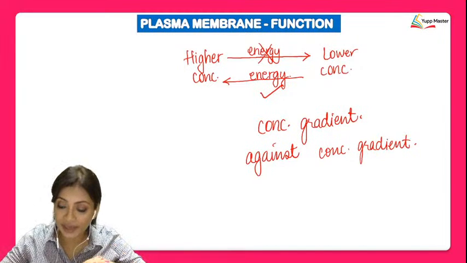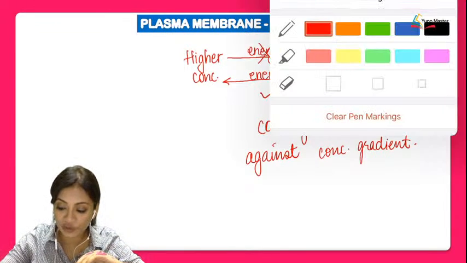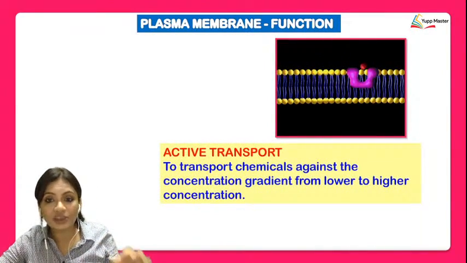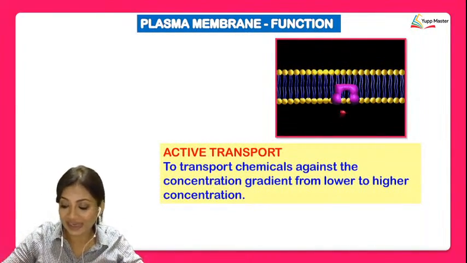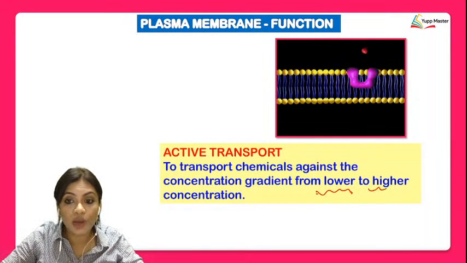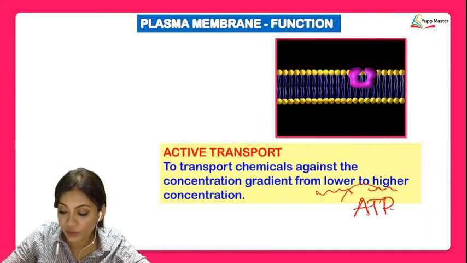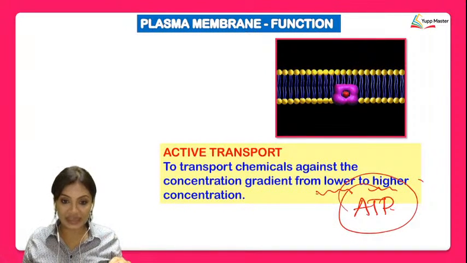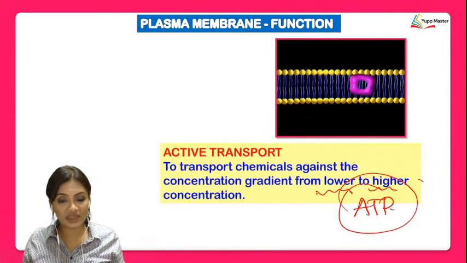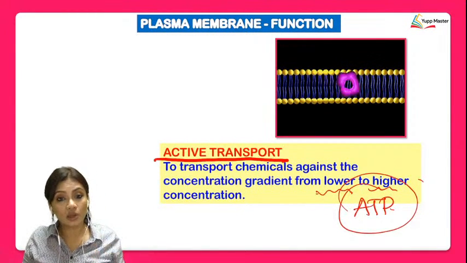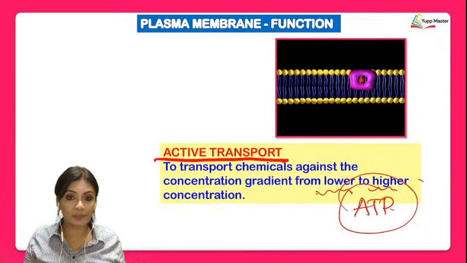The next function is active transport, which we were talking about, where the chemicals are going to be transported from their area of lower concentration to higher concentration, which means that ATP is going to be utilized over here, and when ATP is utilized, this transport is called active transport. This also is a function of the plasma membrane.